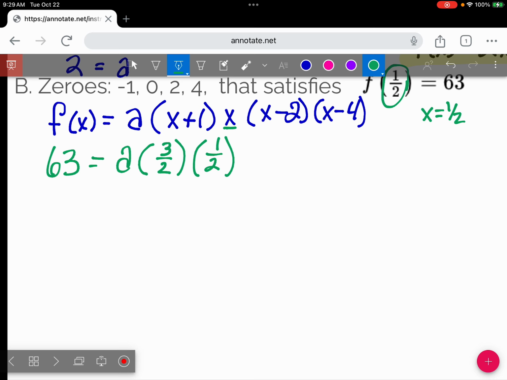How about 1/2 minus 2? -3/2. And how about 1/2 minus 4? So 4 is the same thing as 8/2. So 1/2 minus 8/2 is -7/2.